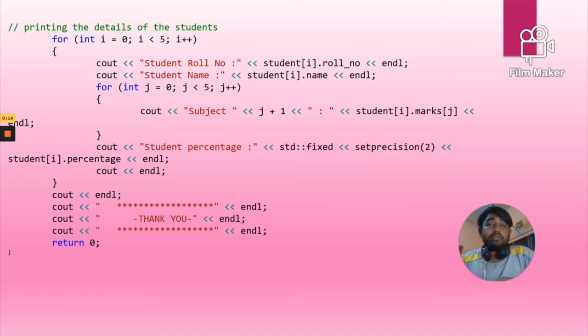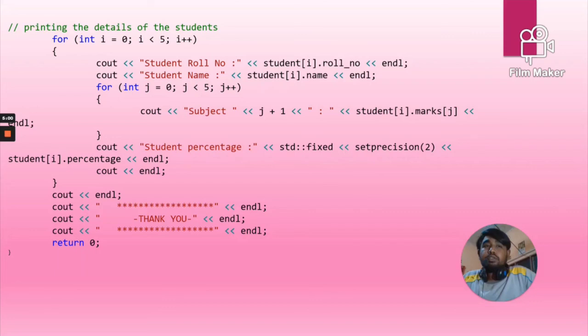So the student roll number, student name, subject, student percentage, everything will print out in the output. Then we use cout \n space, then cout star, then cout thank you, because after the coding finishes we declare thank you as a creative touch. Then cout star, then return 0. So our coding is finished.